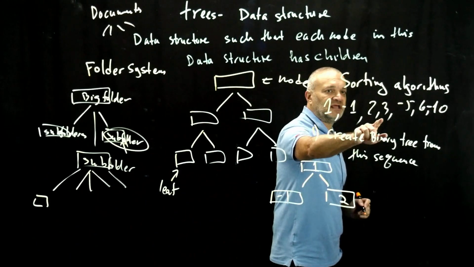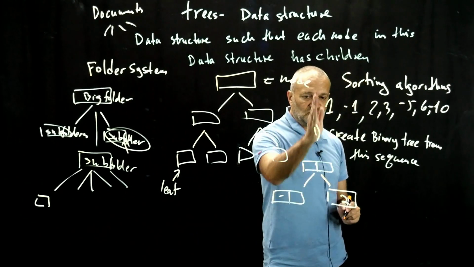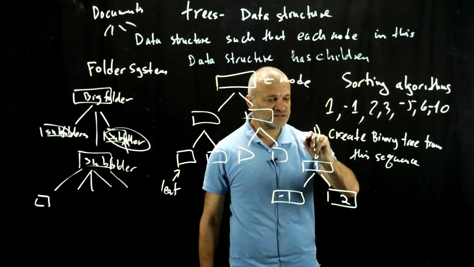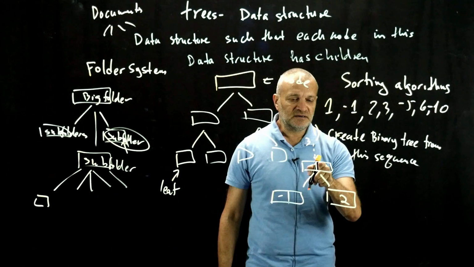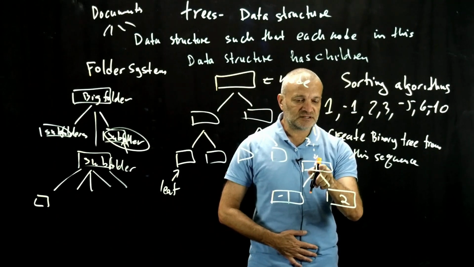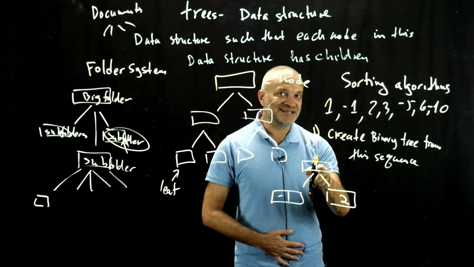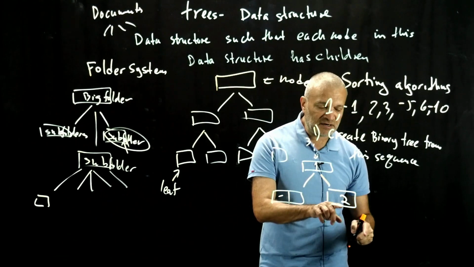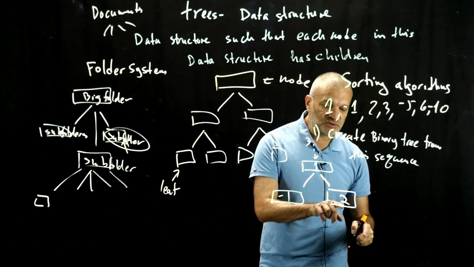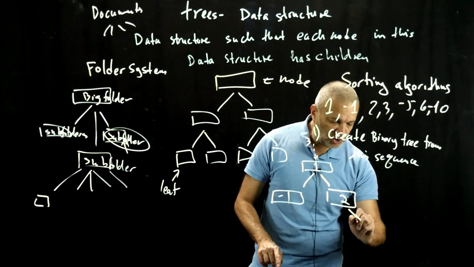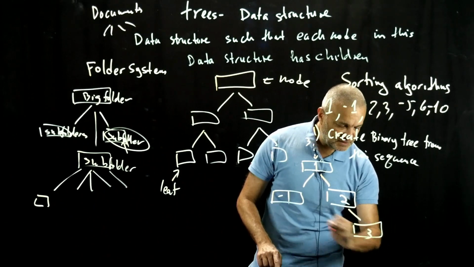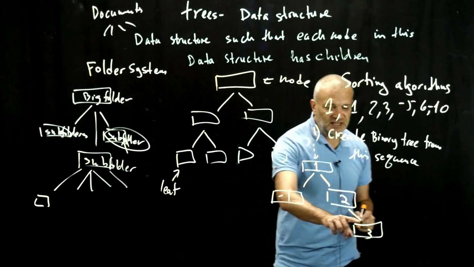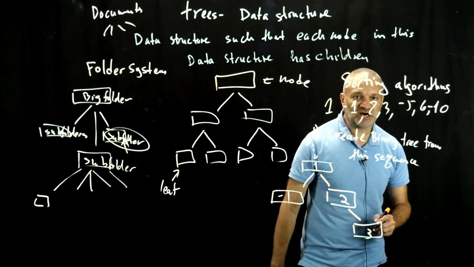Now what about 3? You go in here with 3 and compare it with 1. Because 1 is less than 3, 3 will go to the right. But now you have to compare it with 2 as well. So you create a new node, which is 3. So 3 is going to be a child of 2 and a grandchild of 1.